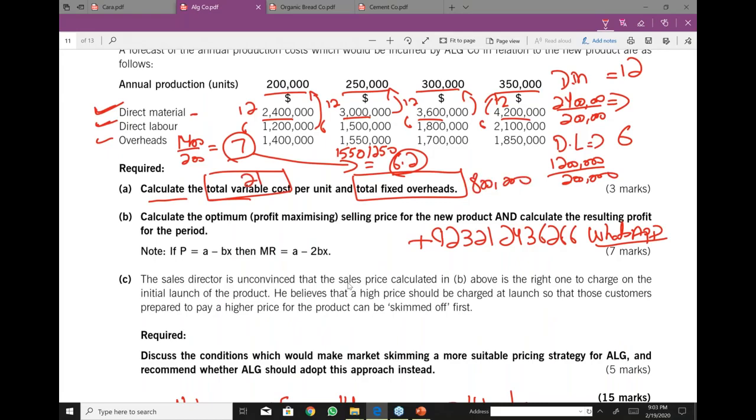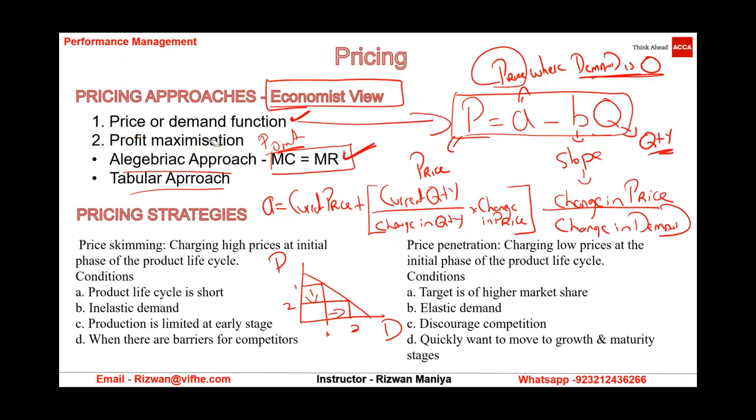Now the next part. Calculate the optimum profit maximizing selling price for the new product and calculate the resulting profit for the period. If I go back to my presentations, I saw that the profit maximization point is what I need to find out. And as I mentioned, profit maximization is something I can find through two approaches, algebraic and tabular.